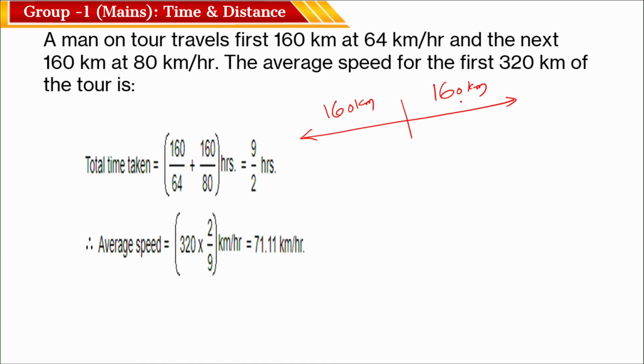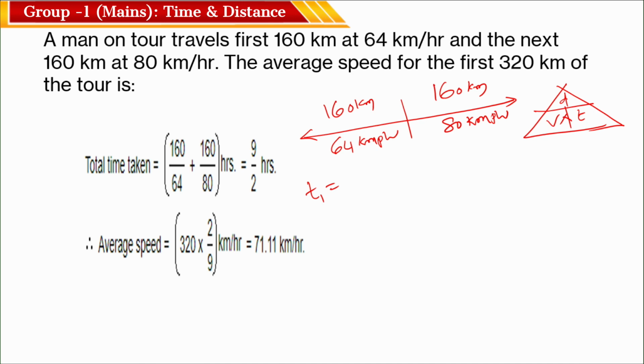The first 160 kilometers is travelled at 60 kmph and the next 160 kilometers at 80 kmph, correct? So now we know the distance, we know the speed. Once again I am taking the table here: distance, velocity or speed, and time. We know the distance and the speed, so we can find the time. Time taken to cover these 160 kilometers.